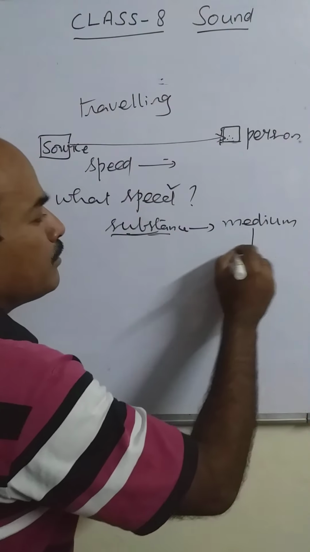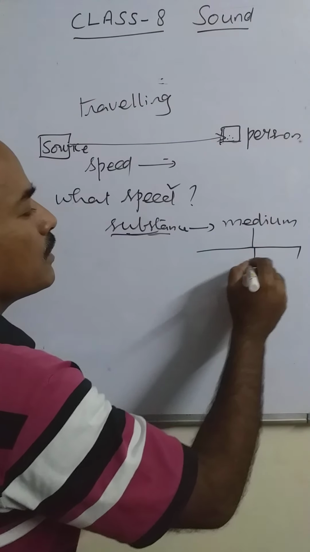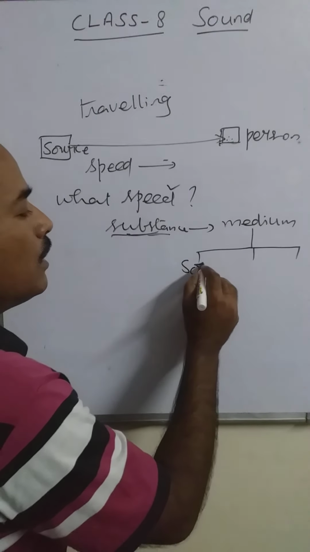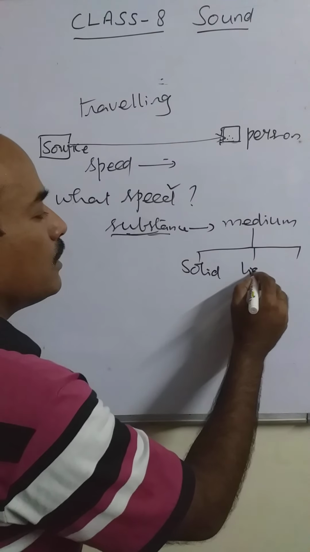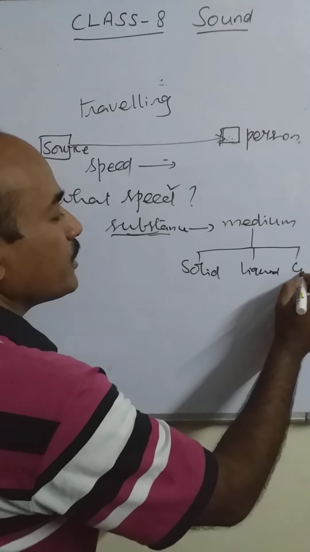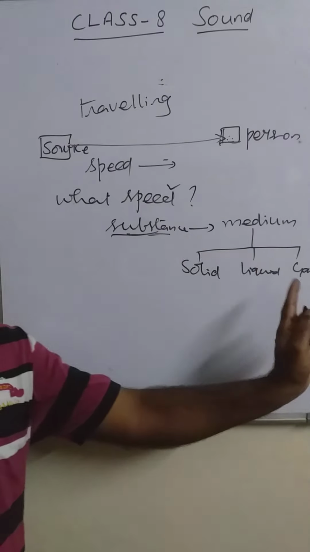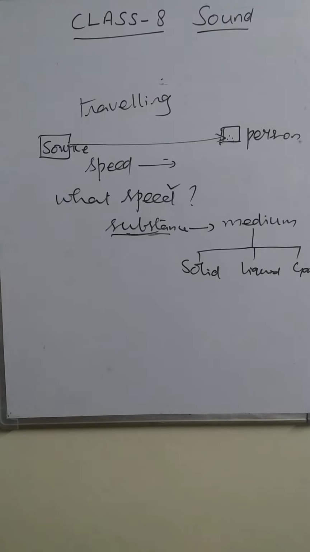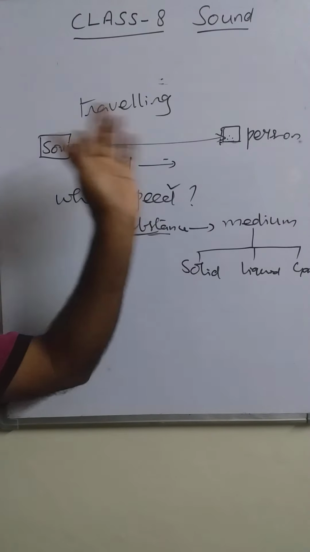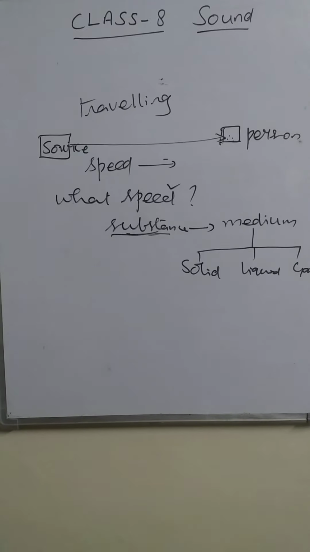And the medium may be solid, liquid, or gas. It means the sound can travel through all states of matter. It can travel through solids, liquids, and gases also, from one place to another place.